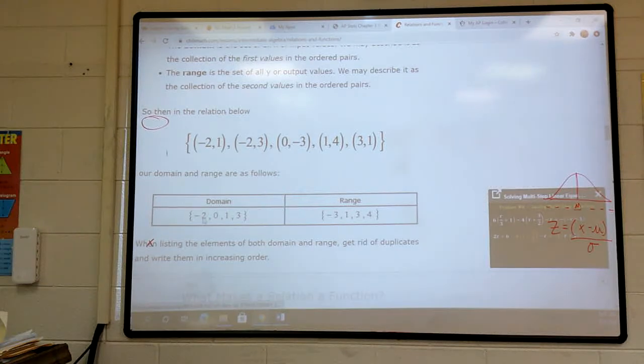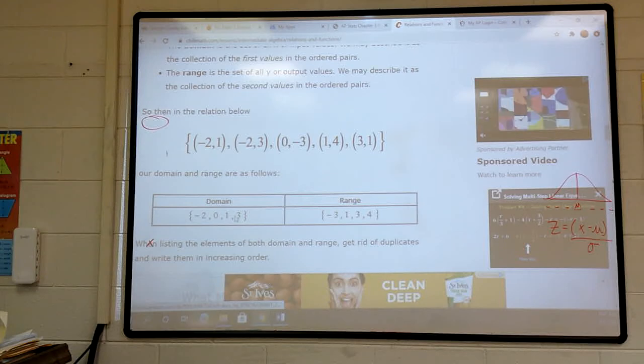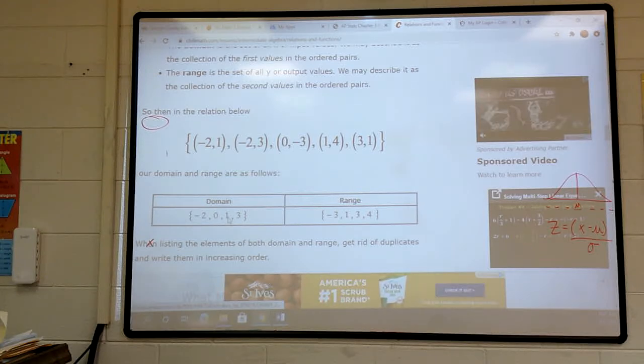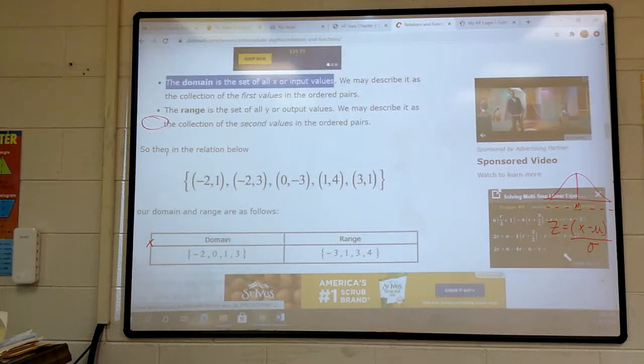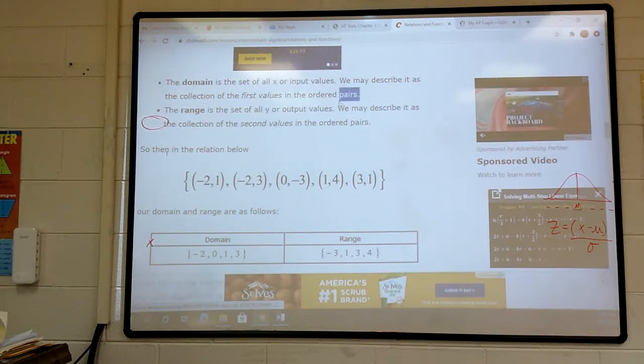The domain, remember, is just the list of your x values. So the domain is just your x values in the graph. All possible x values is called the domain. The range then is the set of all your possible y values. Yes? Can you go back to the definition of the function?